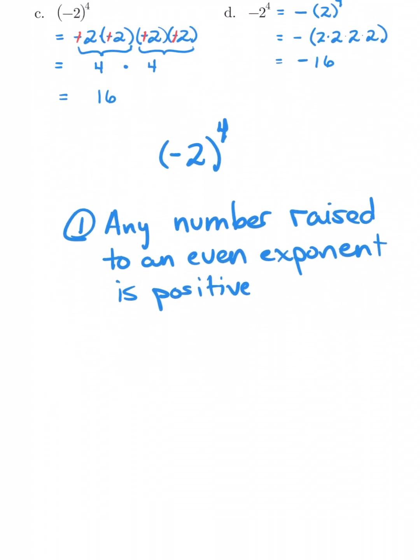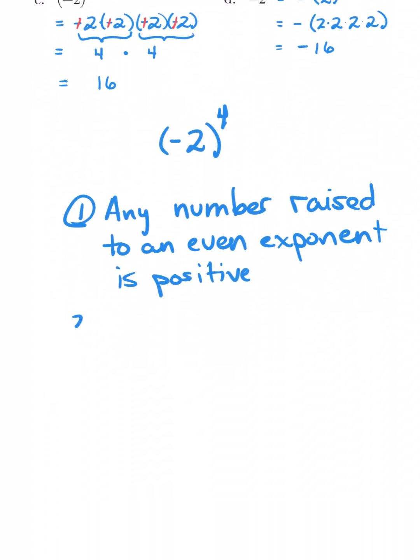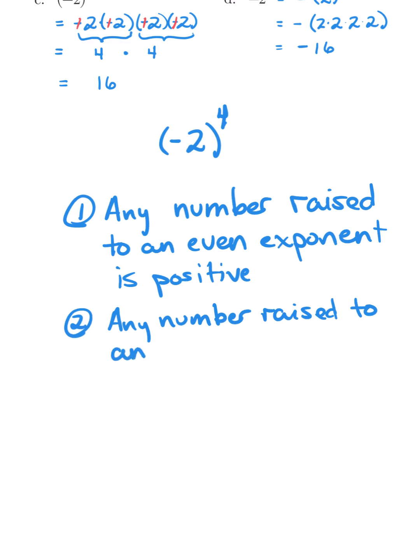All right, our second rule is any number raised to an odd exponent, and be very careful here. It is not necessarily going to be negative.